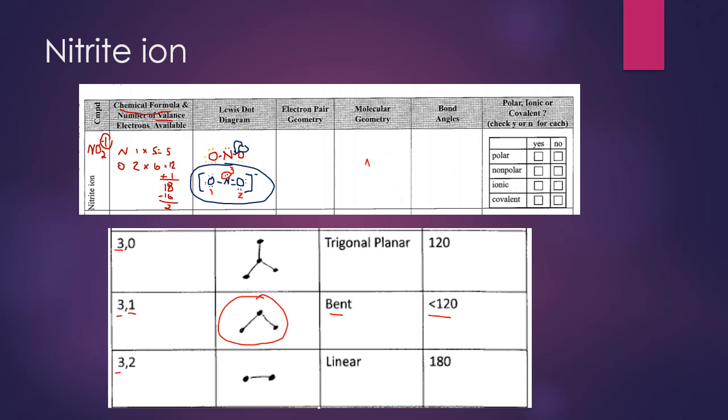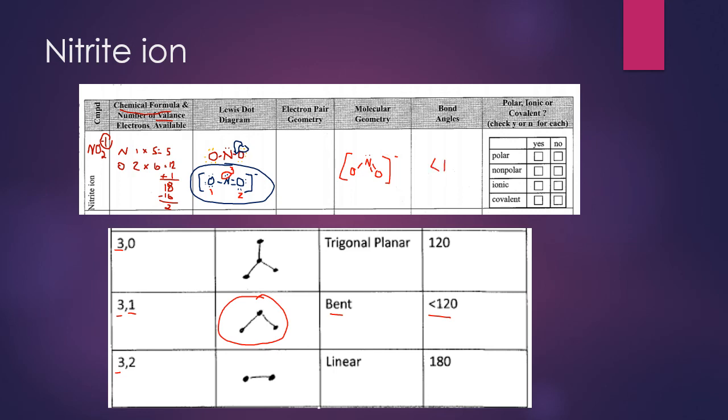So I'm going to put nitrogen, and I'm going to draw it so that it looks like it's bent. I'm not going to draw it linear how it's drawn in the Lewis dot diagram. So this would be my molecular geometry. My bond angle is less than 120.